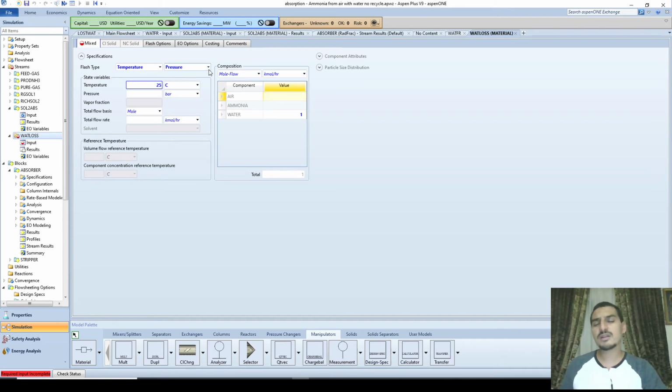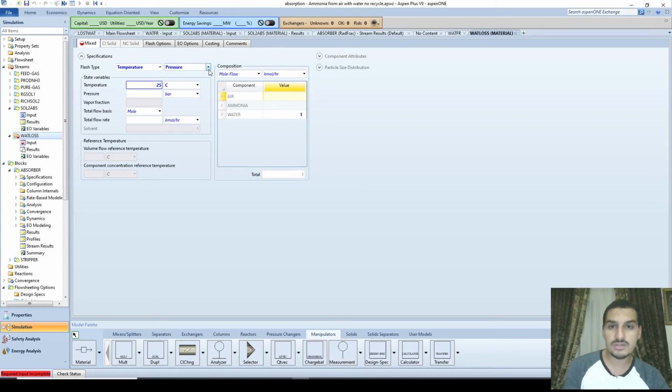But the thing that you need to think about is that if you define the stream by temperature and pressure, then the degrees of freedom, and flow rate of course, will be equal to 0 now. So the vapor fraction would be calculated according to the input values of temperature and pressure, and they cannot be overwritten because they are inputs given to the simulation or to the software.